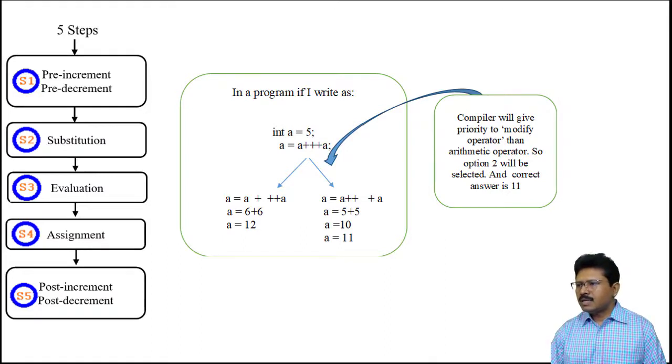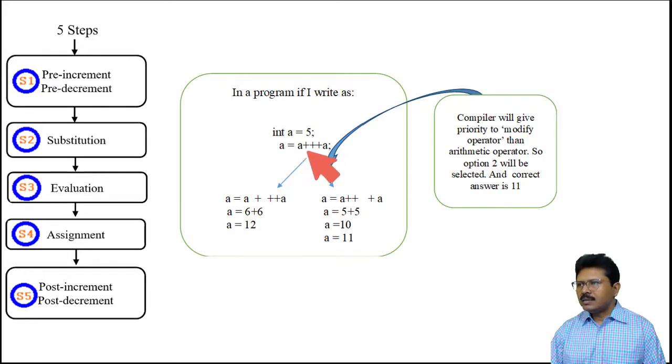Say for this example, a is equal to 5 and next a is equal to a plus plus plus a. Means in this plus plus plus, which one is addition operator or which one is modify operator, it is not clear. So what will be the ultimate answer?